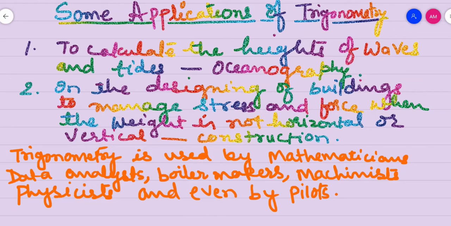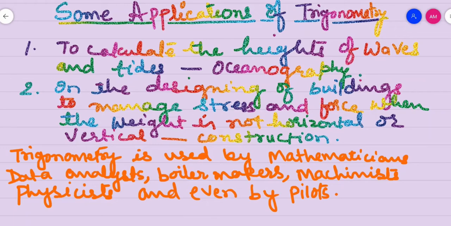It is also used in the designing of buildings to manage stress and force when the weight is not horizontal or vertical in the field of construction. Trigonometry is used by mathematicians, data analysts, boiler makers, machinists, physicists, and even by pilots.